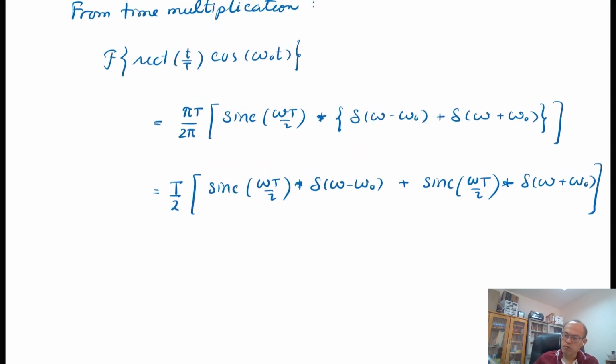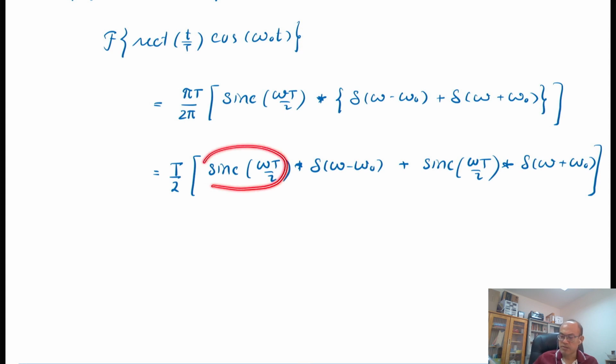Now, we know from chapter 2 that if these two are convolved together, the result would just be the sinc function shifted by this value.